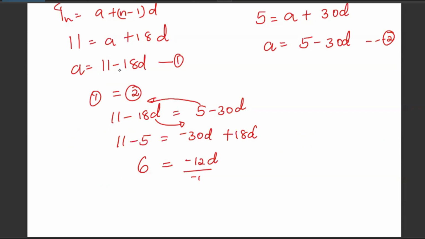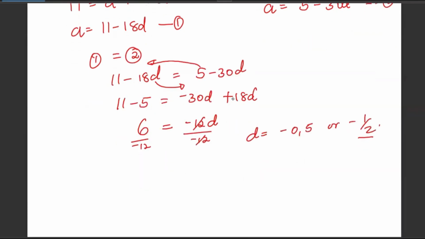Let's divide through by negative 12, meaning that our d is negative 0.5, or somebody can write it as negative a half. But then we need to get the value of a as well. So our a is going to be 11 minus 18 times negative a half, meaning that our a must be 20.